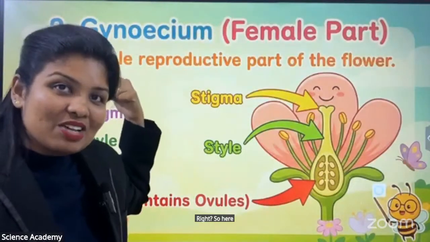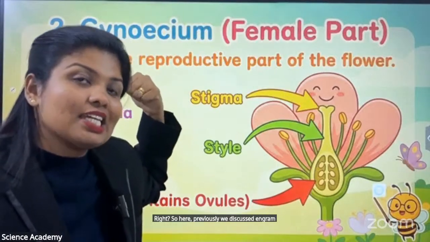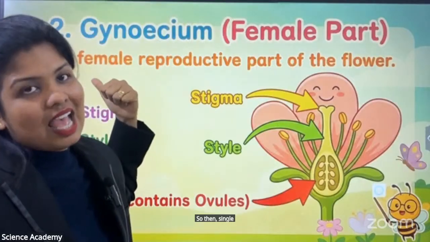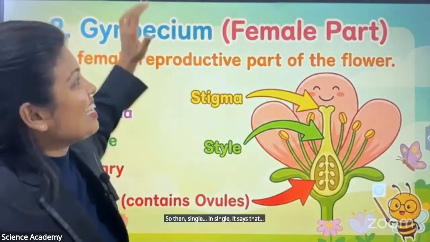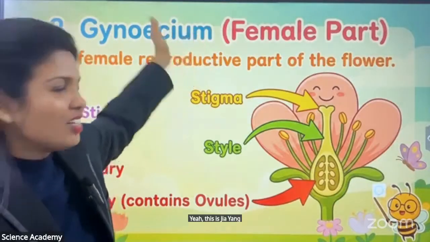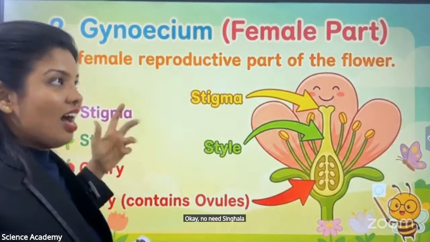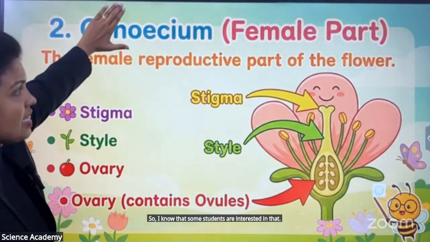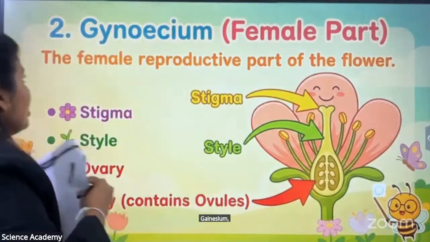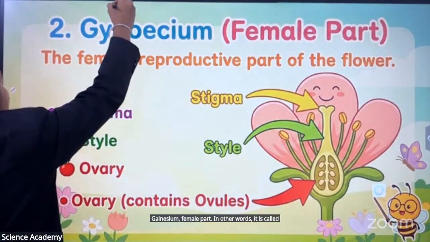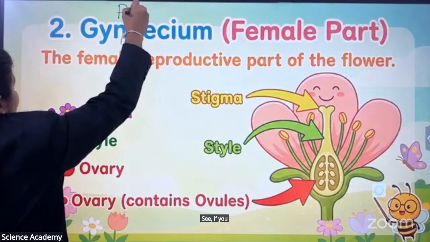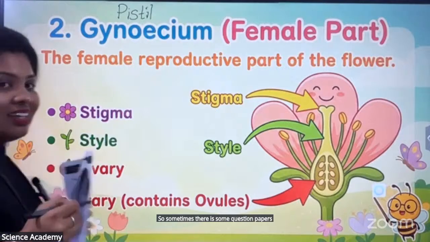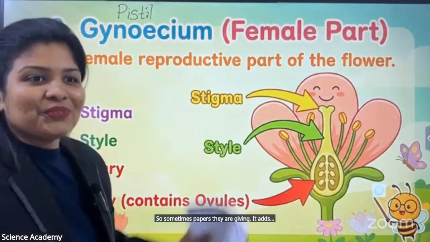Here previously we discussed androsium, that is the male part, which in Sinhala is umangaya. No need for Sinhala words, but I know that some students are interested in that. Gynecium, female part. Another word it is called pistil. If you need, you can write pistil. Sometimes some question papers give it as pistil of the flower.